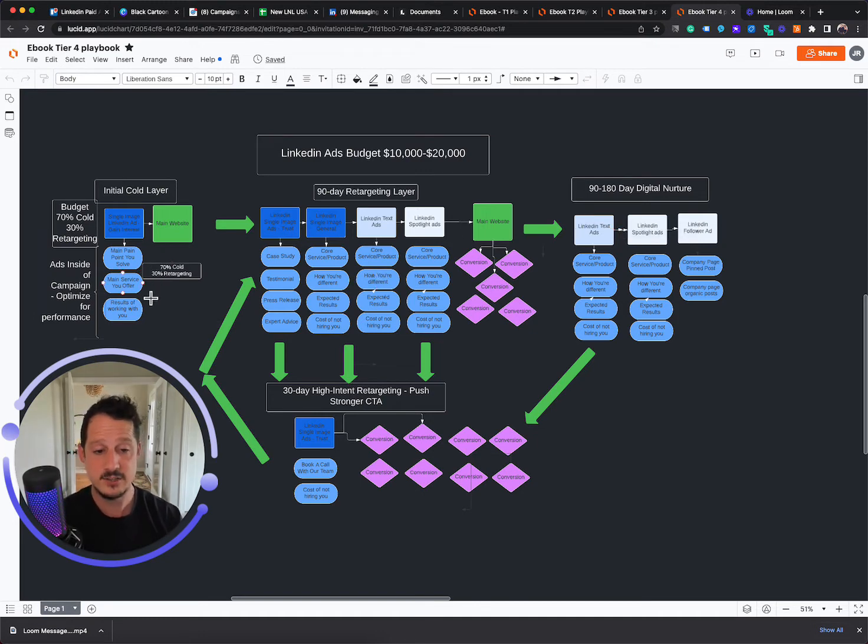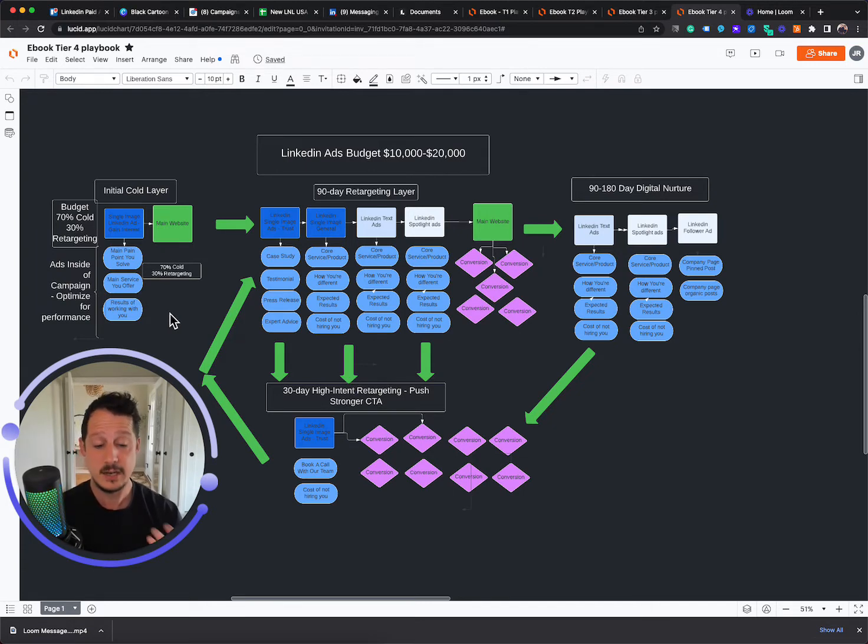This has not changed. This is a very simple cold campaign built on those three main pillars: the main pain points you solve, the main service or product you offer, and the results of clients working with you. You're going to boil that down to as many creatives or ads as your average frequency is. That way you know how many ads you should be running.